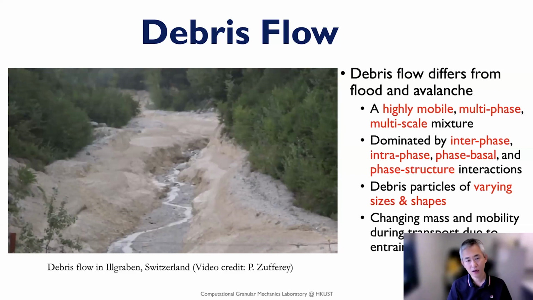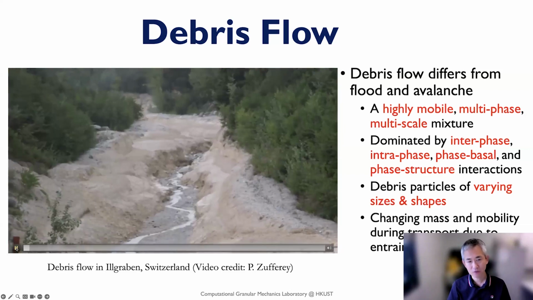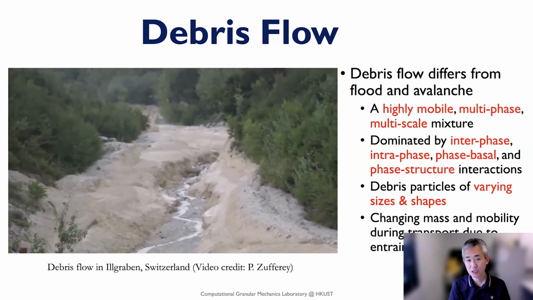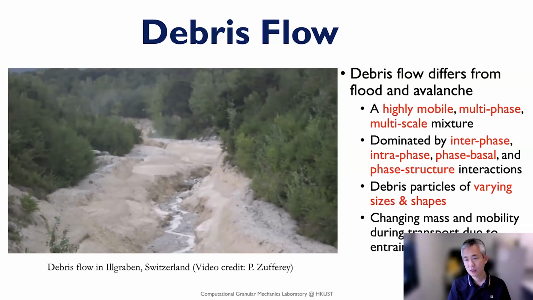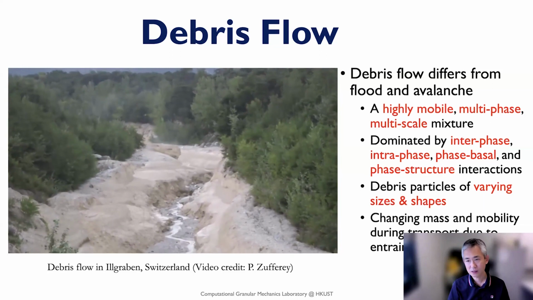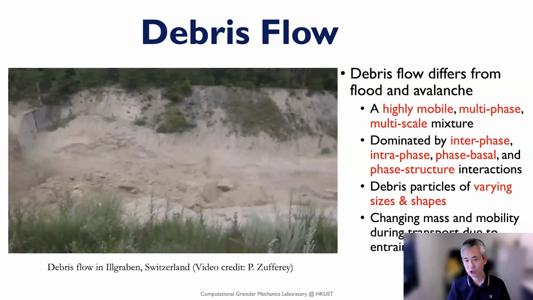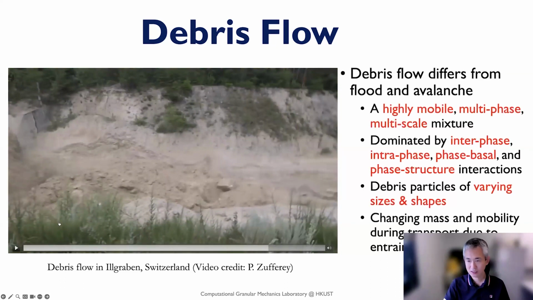Intraphase means that the debris particles themselves can have friction and roll over each other. And the interface between the debris and the natural gully will change their mobility quite a lot.